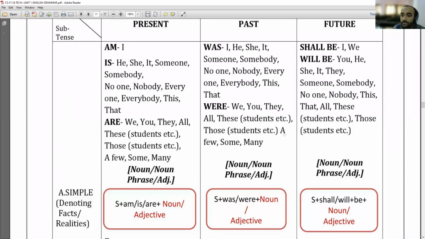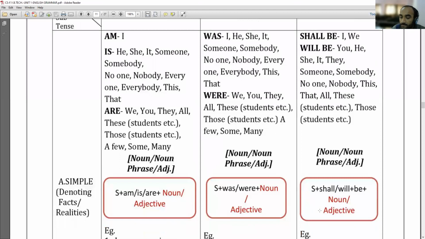I shall be a chief minister in future. मी काय करेन तर chief minister असेन in future. Okay, you can take chief minister, you can take teacher, you can take employee. Okay, so any noun you can take, or you can take their adjective also. So that's why for assumed realities in the future tense we use this sentence structure.